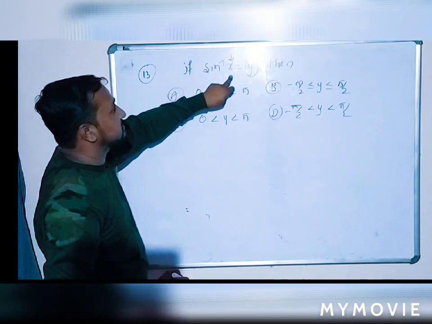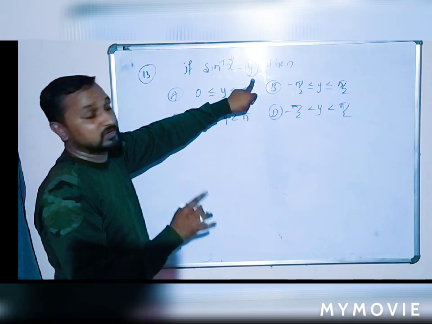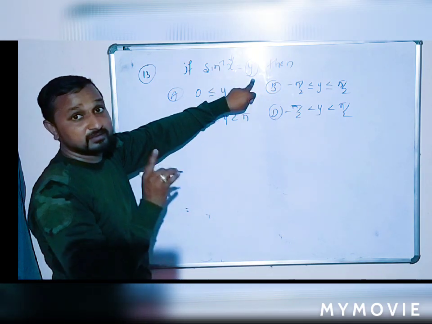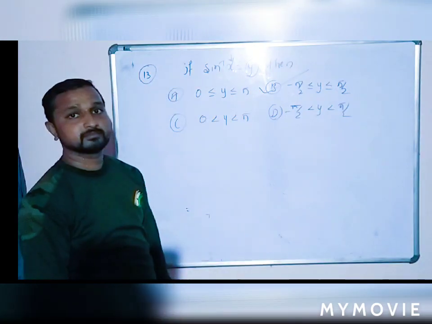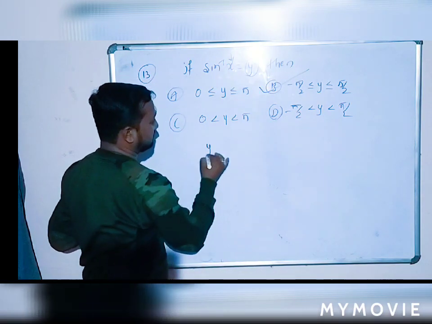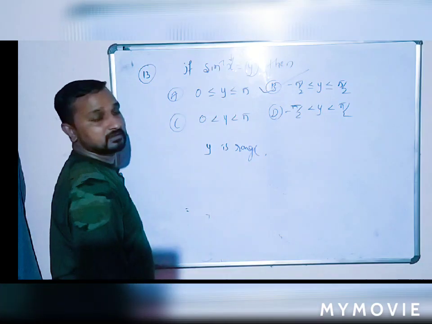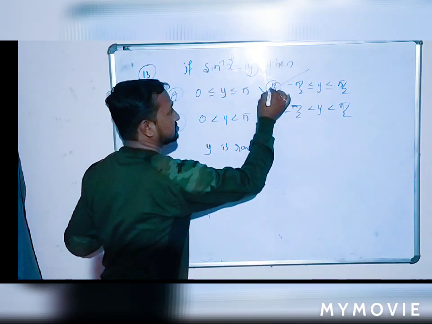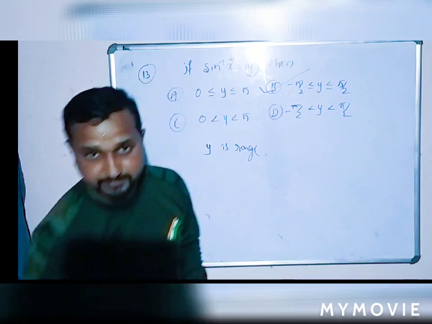So the range of sine inverse of x is this one. So the range of sine inverse x is option B. Is that clear? Okay.